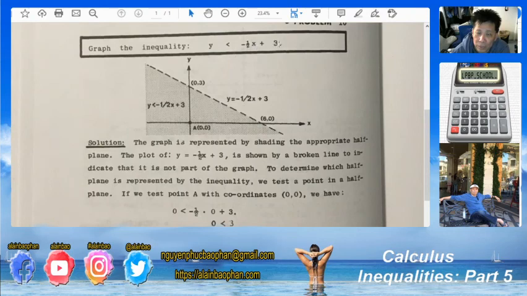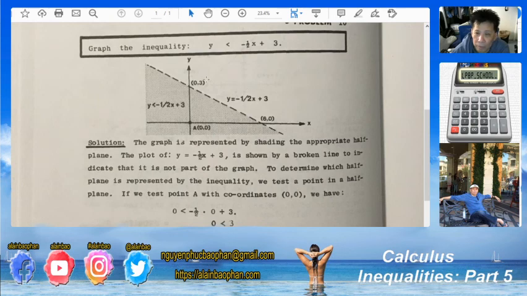Then minus 3.5 plus 3 is minus 0.5, and y equals 0. So we check: is 0 less than minus 0.5? No, 0 is bigger than any negative number.